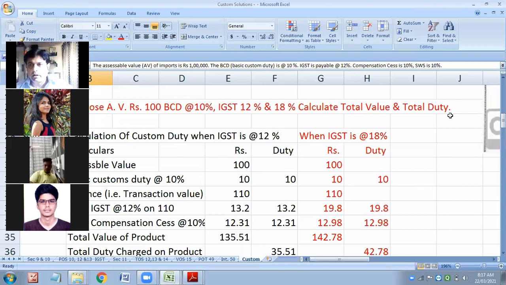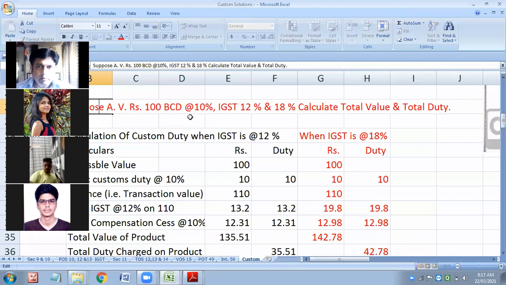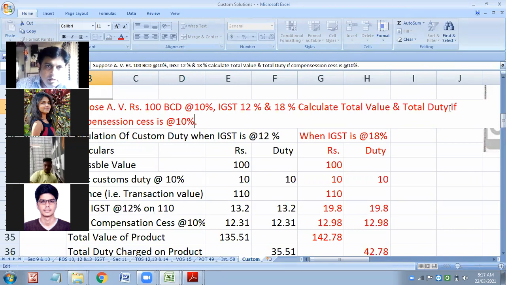Okay, sorry, we made the correction. What we did, SWS we have replaced with compensation cess. It will take that compensation cess.